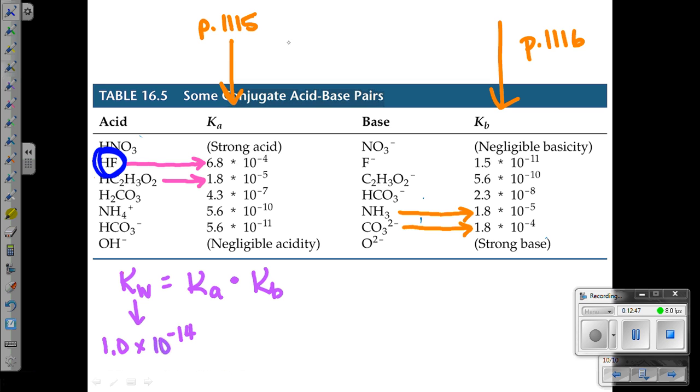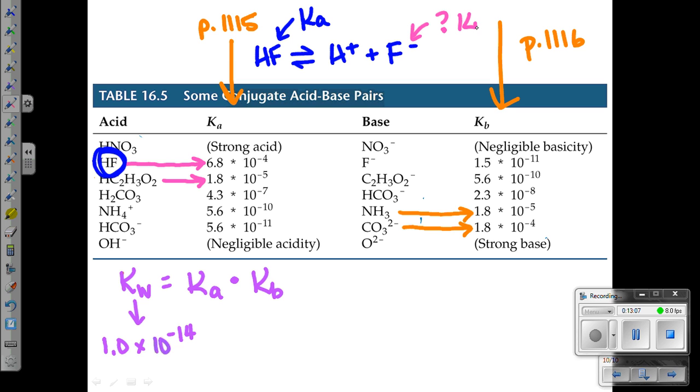So, for instance, let's say I've got HF, and I've got this reaction where I have hydrogen fluoride in equilibrium with H plus and F minus. And I know the Ka of HF. What this equation allows me to do is solve for the Kb of the fluoride ion. So I've got Kw, which is 1 times 10 to the negative 14th.